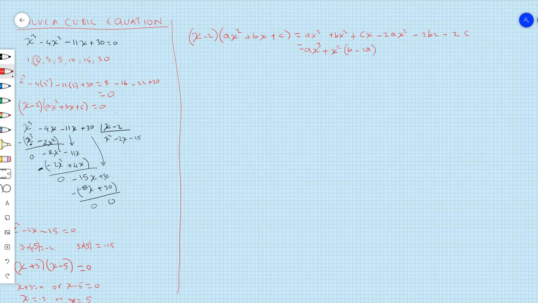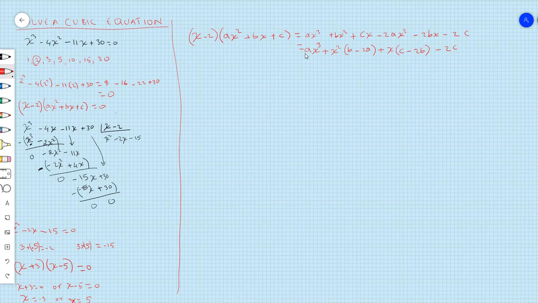And then factor out the x, and we'll have c minus 2b, and then of course -2c at the end. So now that we have this equation, it follows exactly the same format as the original. So all the coefficients here are equal to the coefficients of this new equation.